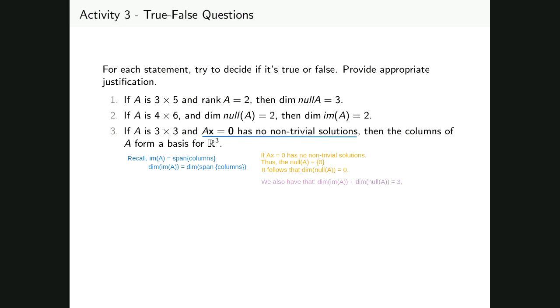The dimension of the image plus the dimension of the nullity has to be the number of columns here, so we have to add up to 3.